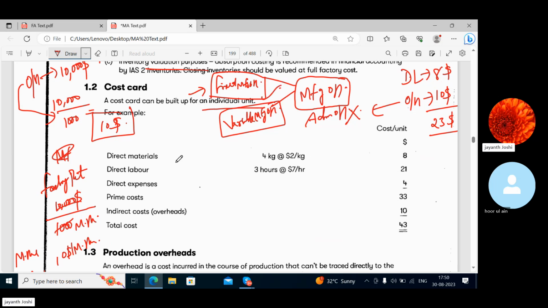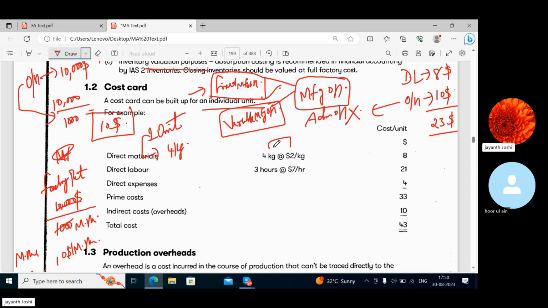So we take direct material, 4 kgs we are using to make some product. That means for 1 unit of product we are making, the material we want is 4 kg, and each kg is available for $2.